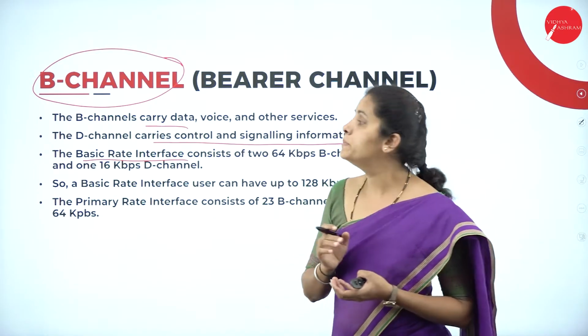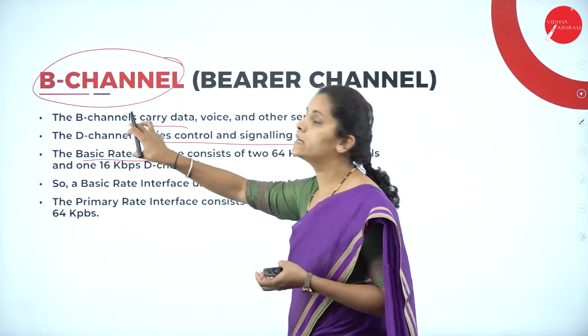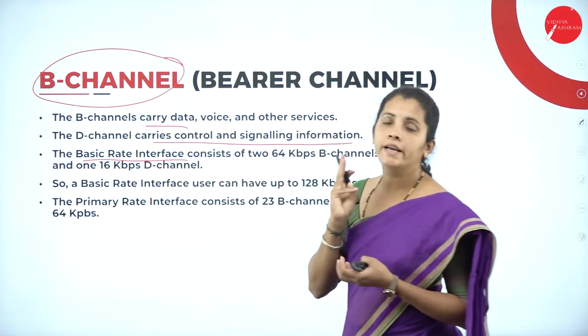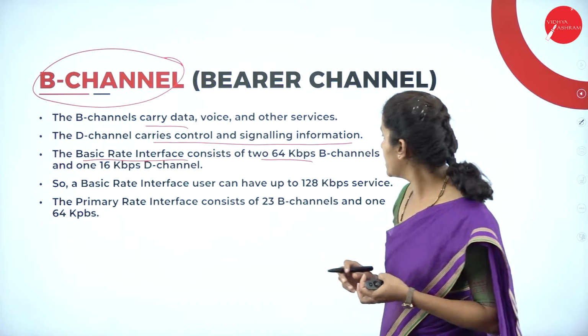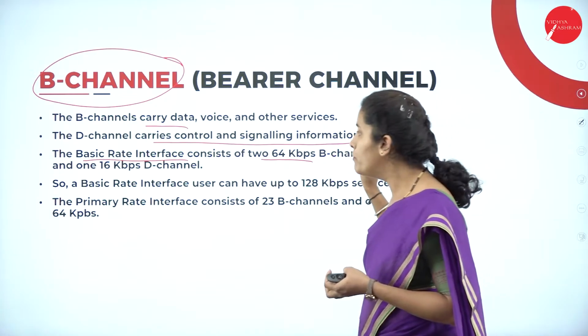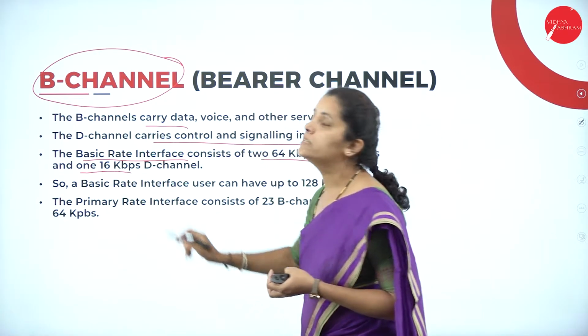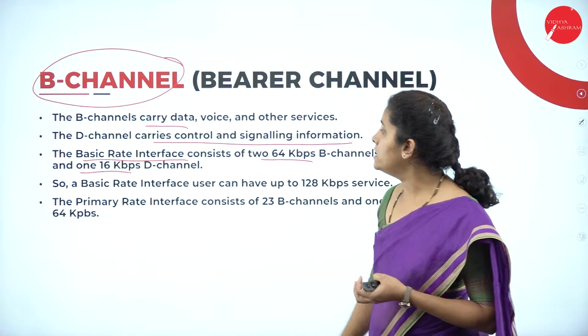So here the BRI, that is basic rate interface, includes two 64 kilobits per second B channels, whereas one 16 kilobits per second D channel.